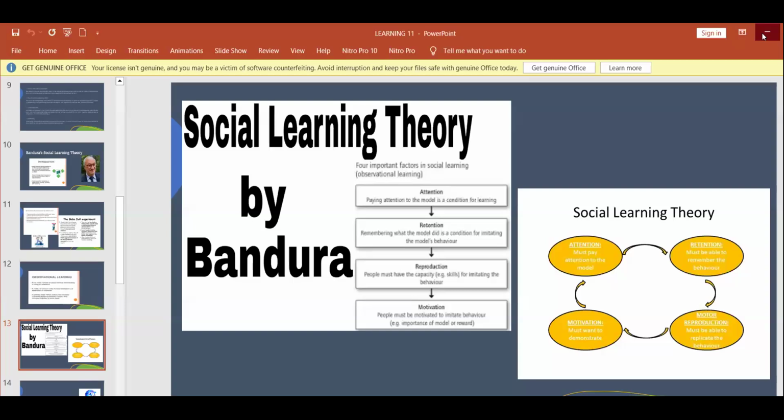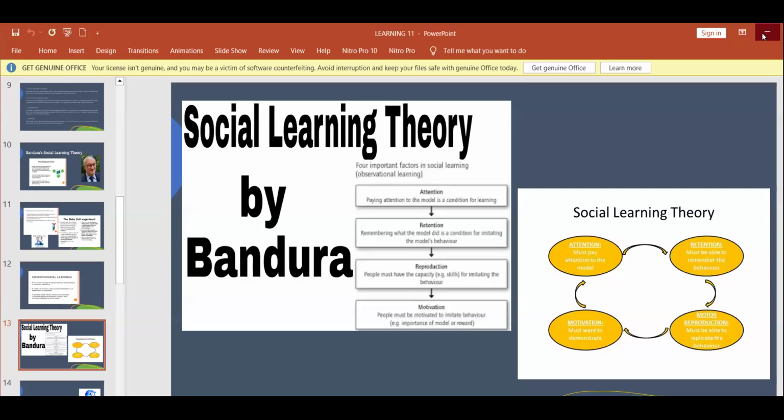Classical conditioning. Yeah. Operant conditioning. Yeah. Schedules of reinforcement. Schedules of reinforcement is a part of operant conditioning theory.